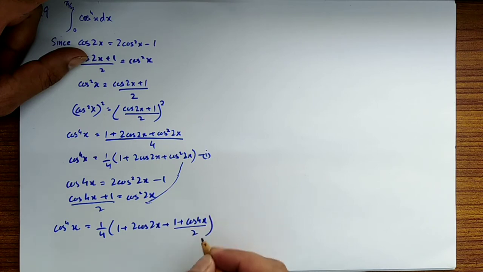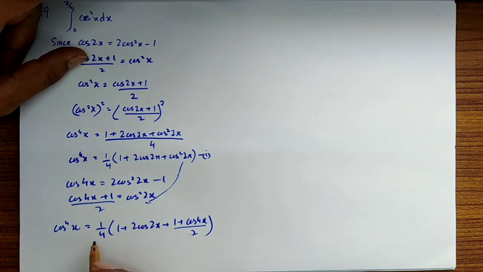This will give us a little bit lengthy solution. Now we can take the LCM right here and take this 2 outside here. This can become 1 upon 8, and after taking the LCM here, this will become 2 plus 4 cos 2x plus 1 plus cos 4x, right?